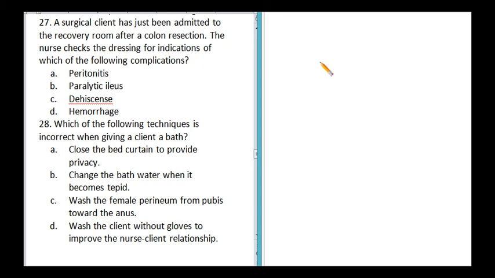So the patient was already transferred from the OR to the recovery room. Therefore, upon accepting the client from the OR, the recovery room nurse should make his or her assessment.